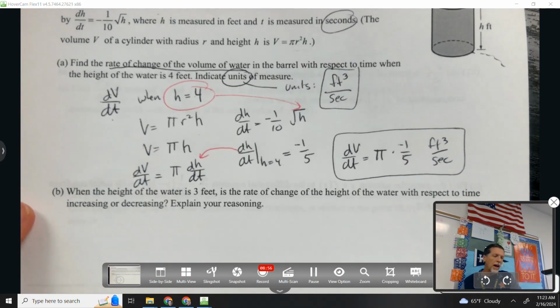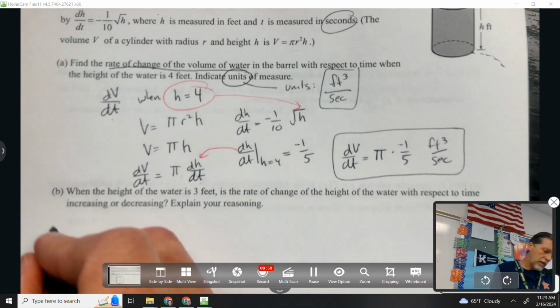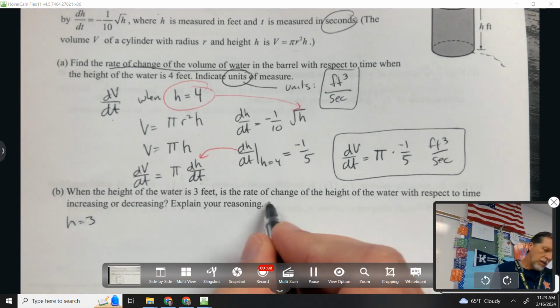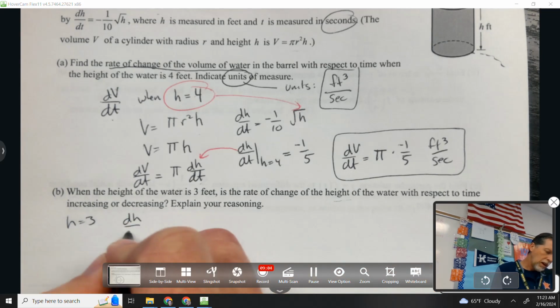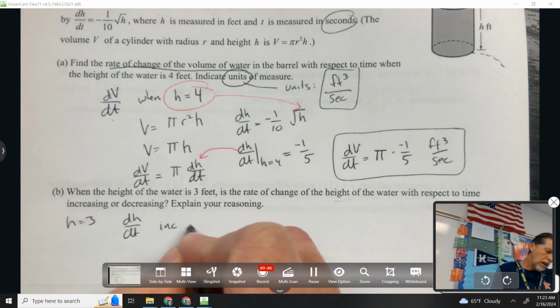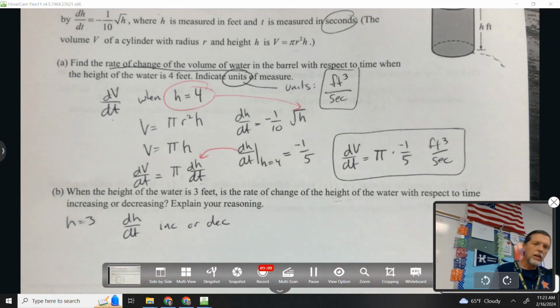Part B: when the height of the water is 3 feet, is the rate of change of the height of the water with respect to t increasing or decreasing? Is dH/dt increasing or decreasing? How do I figure out if dH/dt is increasing or decreasing?